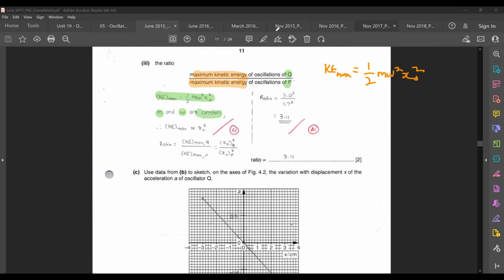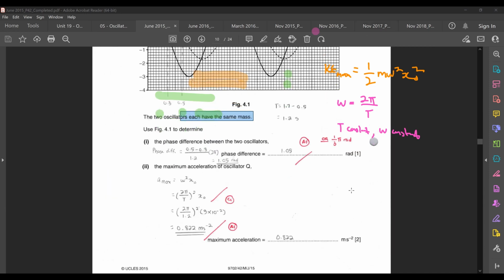How do I know that? It's because your angular frequency is 2 pi over T, 2 pi over your period. So if your T is constant here, your omega is obviously going to be constant.